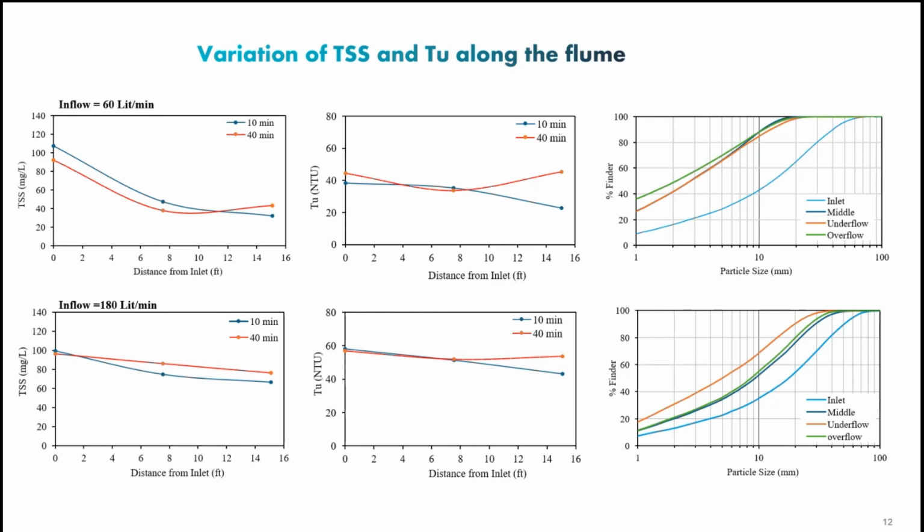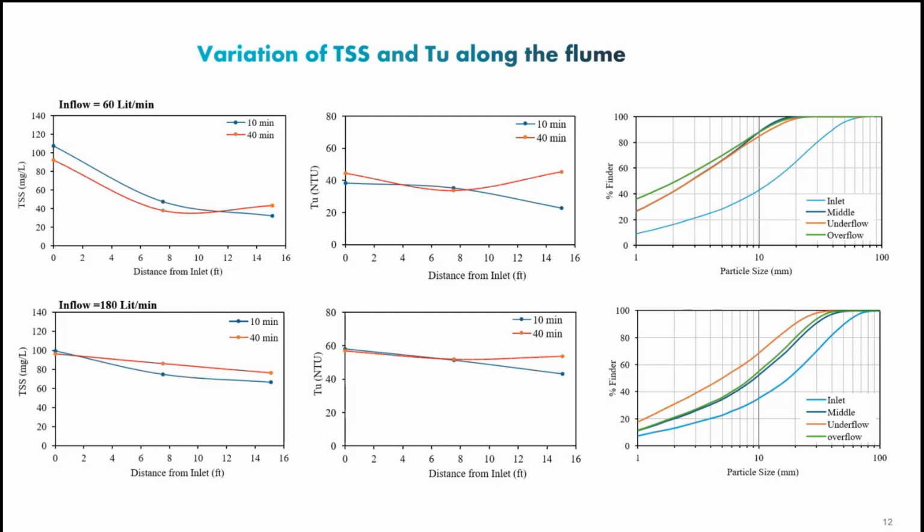And on the right side, you see how the sediment sizes change through the system. When we introduce the sediment at the inlet, you see the blue lines, it's coarser, even though we call them all silt, but it varies from, let's say, 64 micron all the way to 10 microns. Then as sediment moves along the flume, it drops the larger ones and gets to the end.